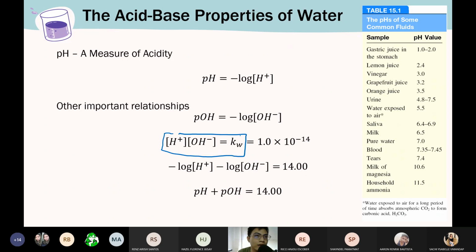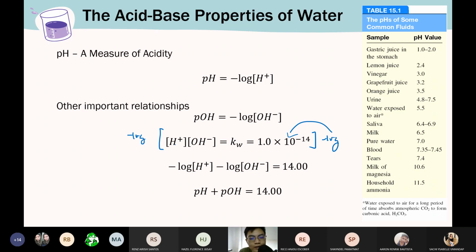If we try to get the negative logarithm of both sides of the equation, ganito may itsura. Negative log of this will be 14. So yun yung reason bakit up to 14 yung pH value natin, dahil lang yun sa negative logarithm of the Kw.